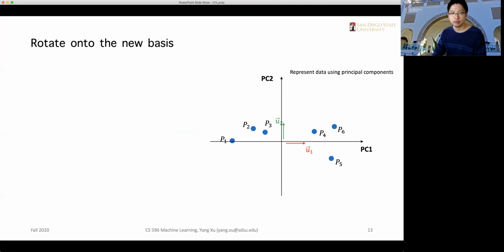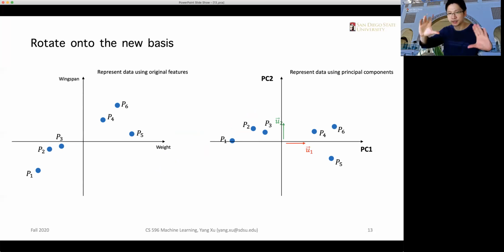In this way, we rotate the data points so that along PC1, the data points spread to a larger degree than along the original features.